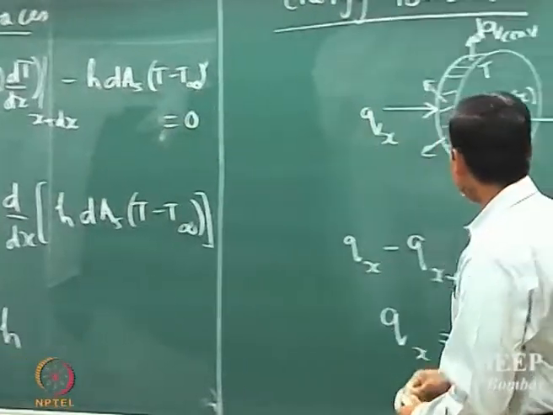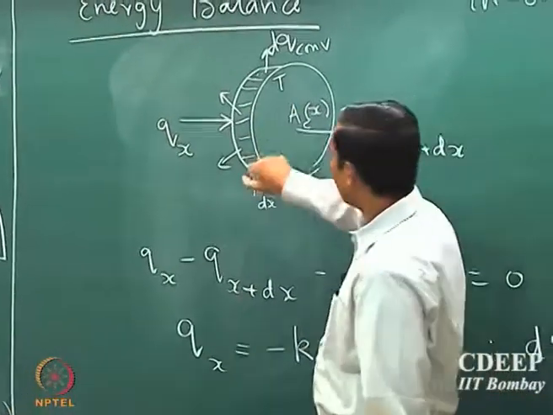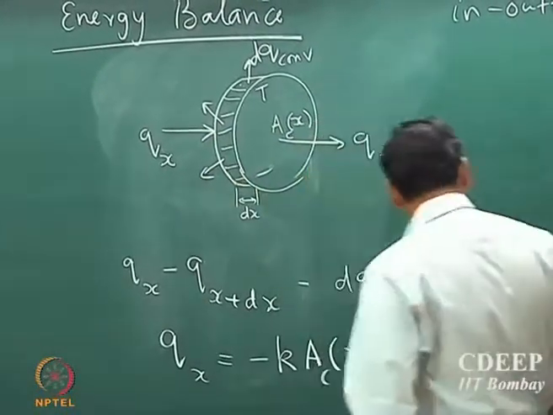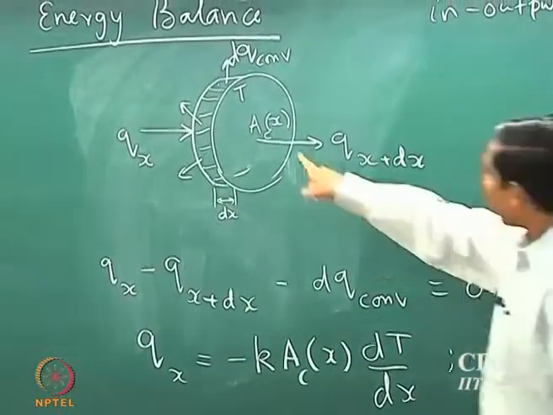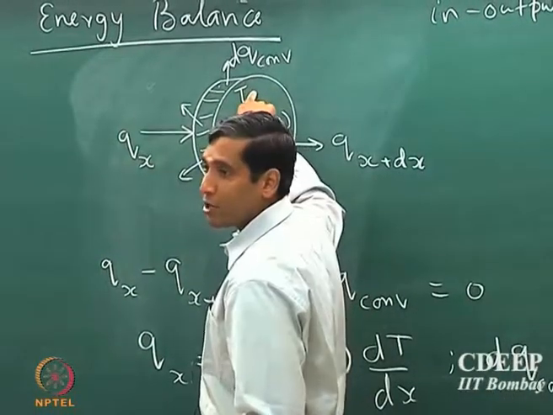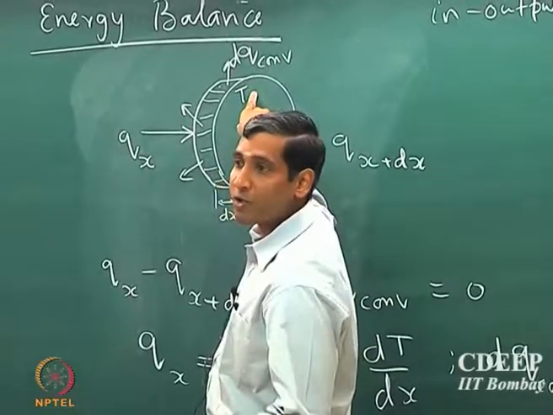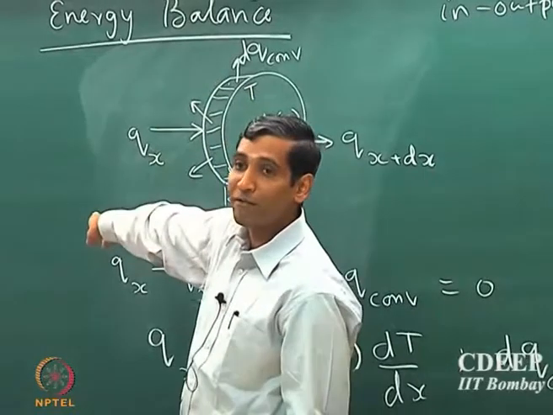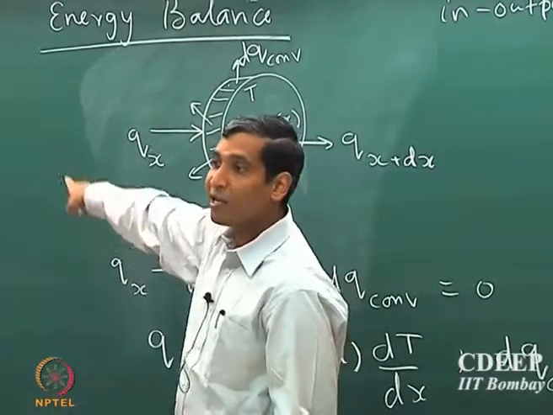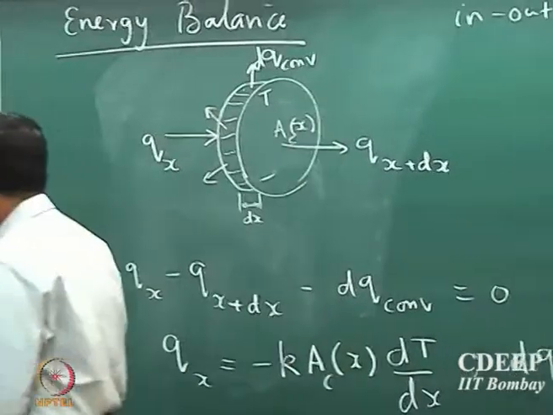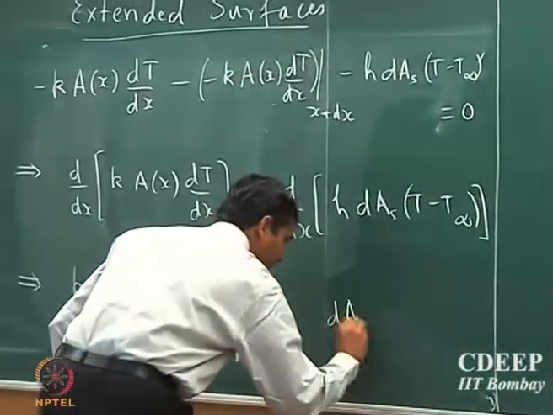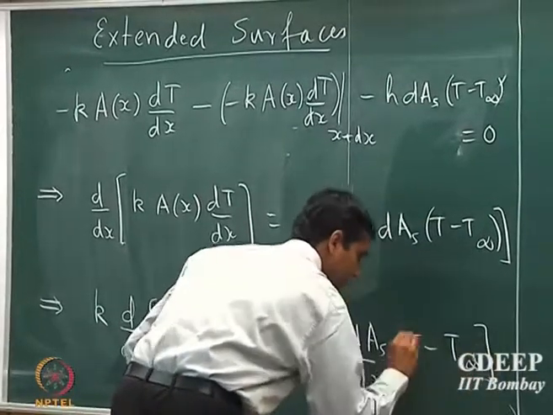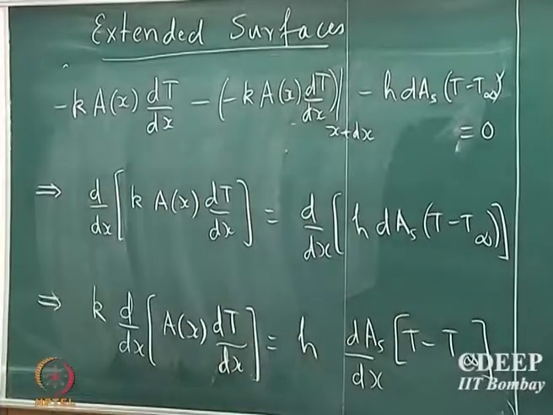Note that this is the differential balance, so you are looking at what is changing in this small element. When we say Newton's law of cooling, we assume that the local temperature of that element is constant, and therefore what is changing with respect to convection from the solid to the fluid is the surface area. So we can rewrite this as dAs by dx into T minus T infinity.